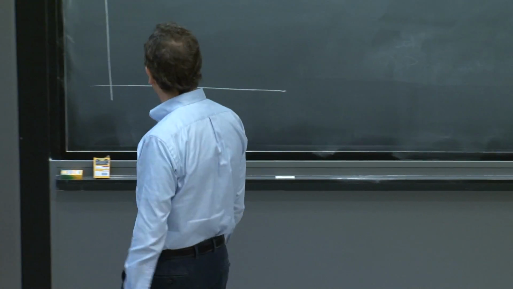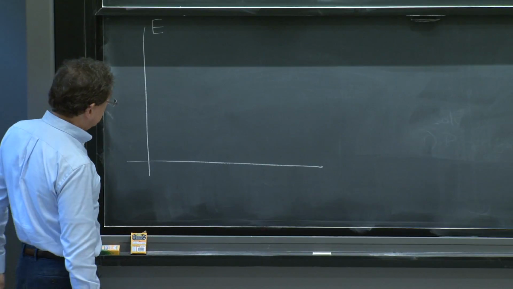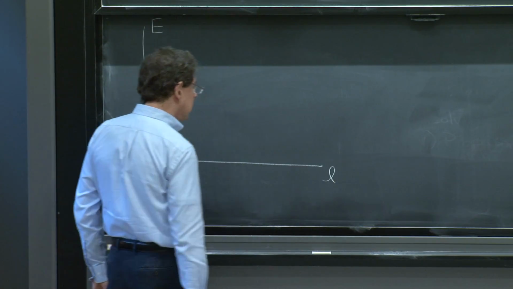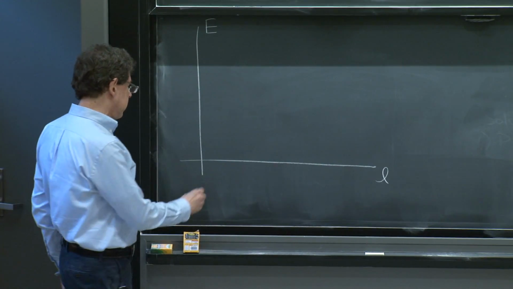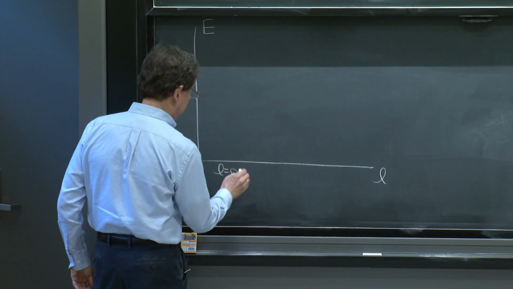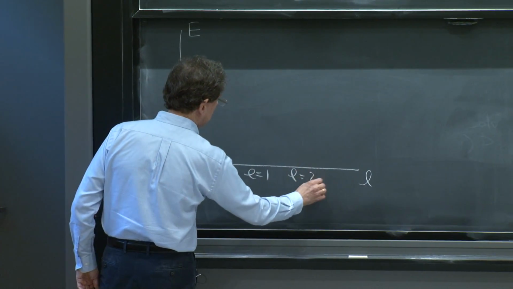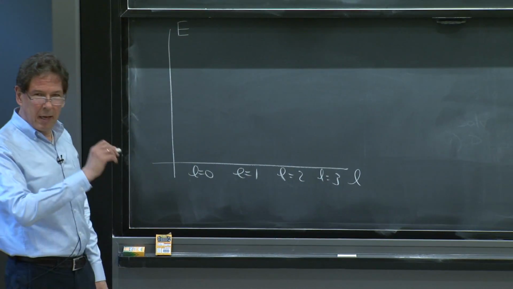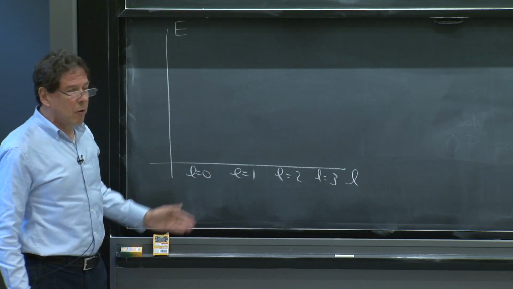So in general, for a central potential, the system is shown like that, and we plot here L. But L is not a continuous variable, so we'll put L equals 0 here, L equals 1, L equals 2, L equals 3, and then you start plotting the energy levels. You solve the radial equation.